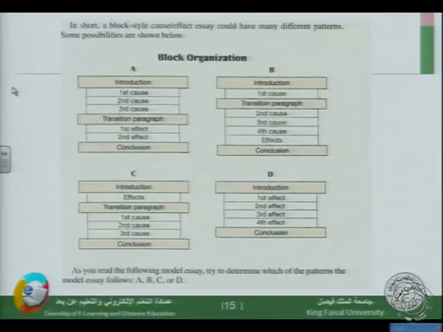As you can see here, in short, a block style cause and effect essay could have many different patterns. Some possibilities are shown below. This is what we call block organization.